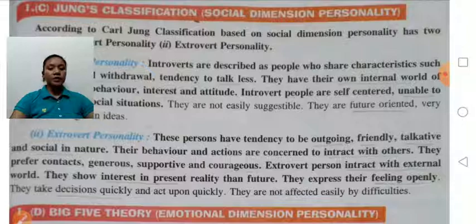Introvert means living in the internal world, only thinking about the future, very shy, talking less. And extrovert means those who live in the present world, outgoing, friendly, talkative, and they express their views and feelings openly to others.